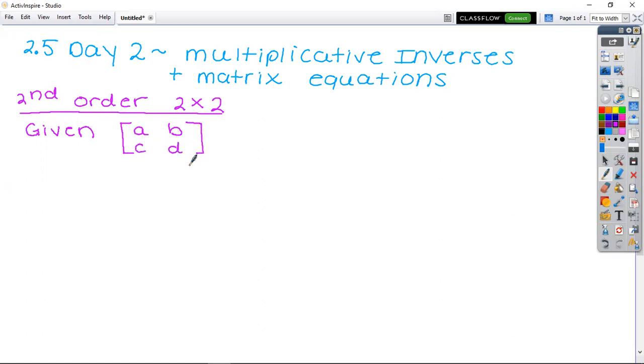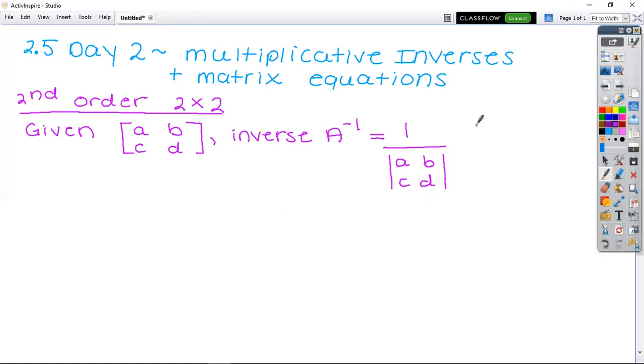Given that, then your inverse, and you've seen this notation before: A inverse is equal to 1 divided by the determinant of this matrix right here. I'll write this out in words after too, because I think sometimes that's helpful.